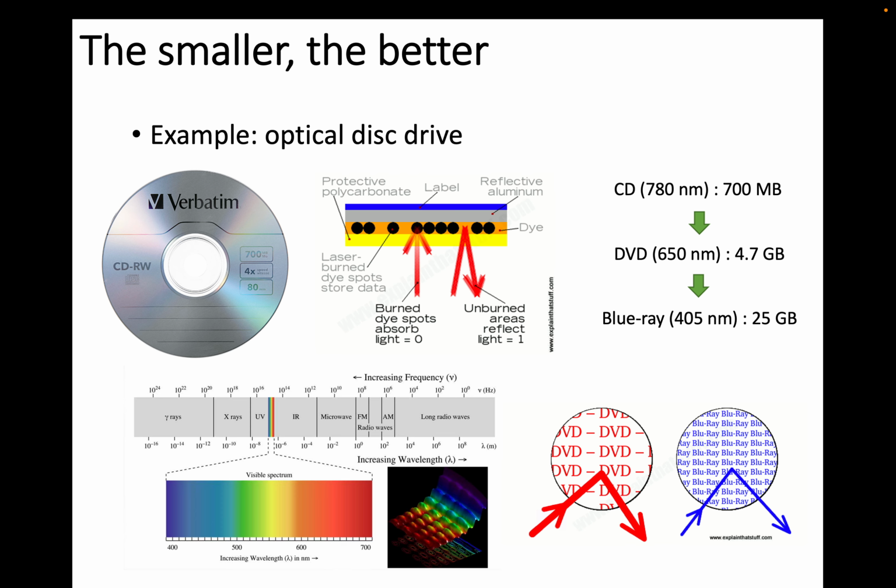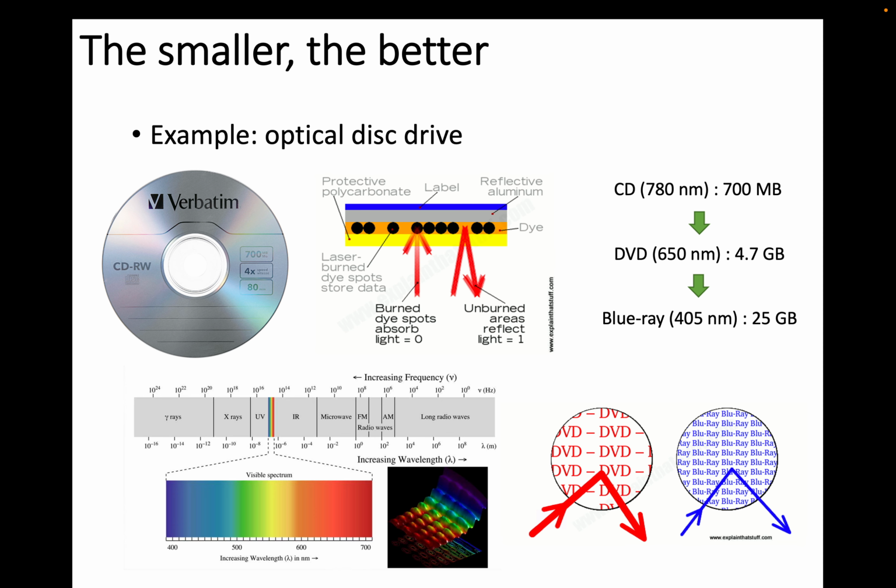But if you use smaller wavelengths, you can finely store data and finely read the data. This is related to the diffraction limit. So by using a smaller wavelength laser, they were able to store a large amount of data. As you create finer resolution, you store more and you read more.